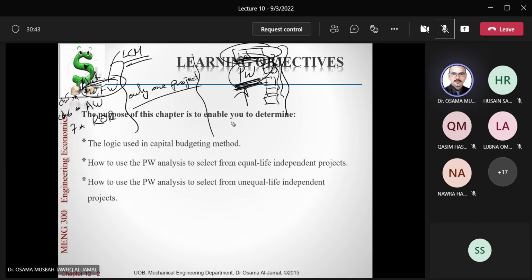But in here, no, you don't have to do it. It's not required from you. Even if you do it, you are going to get the same answer or the same selection at the end, so it would be a waste of time to use an LCM.